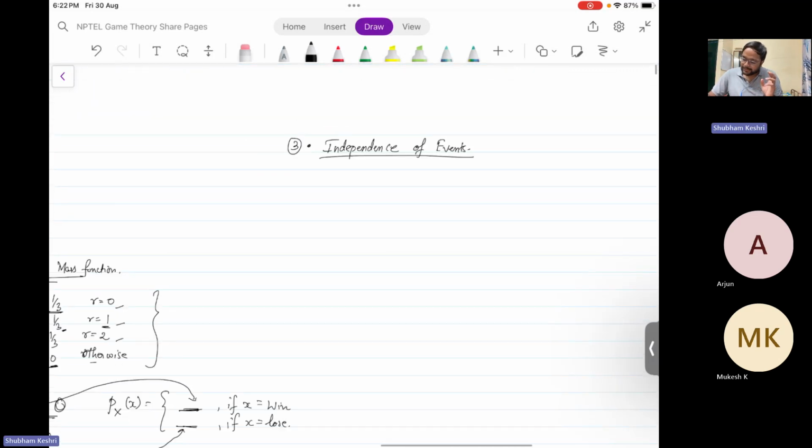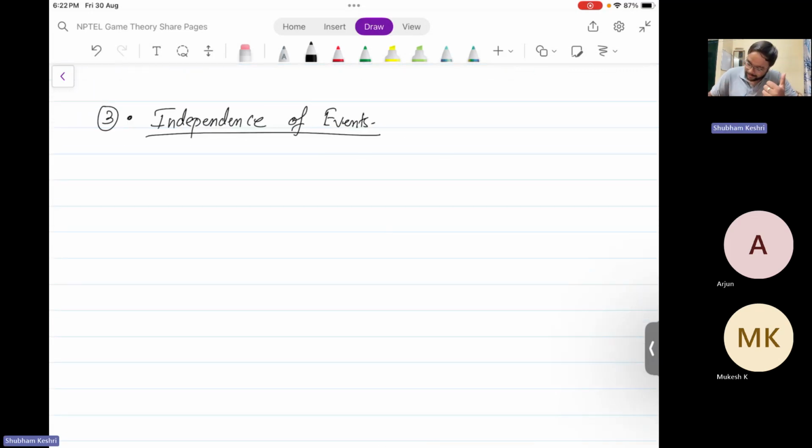What independence helps us with is this: suppose A and B are independent events.